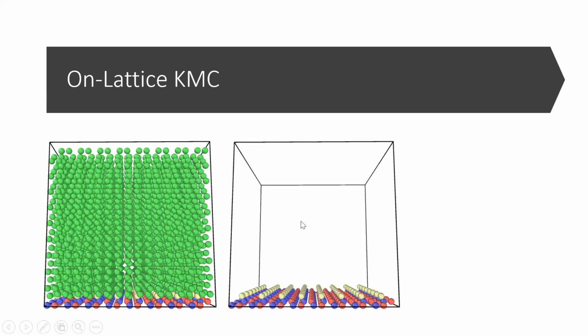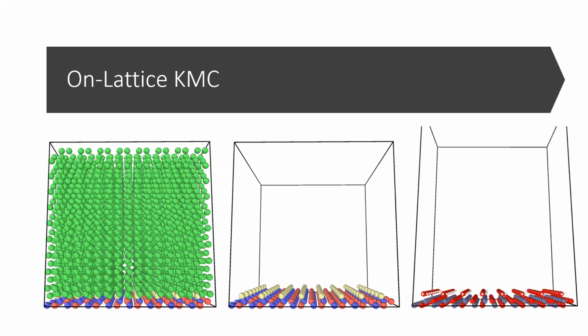So we can just ignore them. And you'll notice that we have the blue and red zinc and oxygen sites here at the bottom, just like we did in our initial simulation start. The cream-colored sites here represent the water molecules.